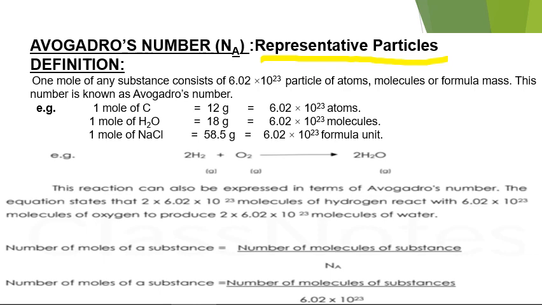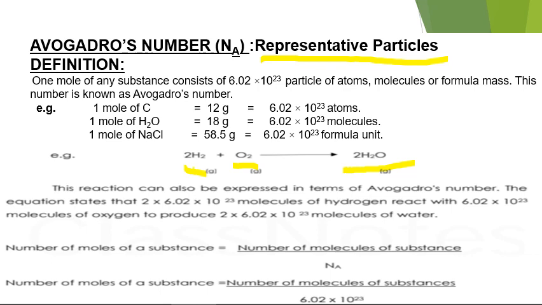Now, how to use this term in equations? Look at this equation which is mentioned here: 2 moles of hydrogen reacts with 1 mole of oxygen to produce 2 moles of water. Now, in terms of Avogadro's number, what will you say? You will say 1 mole is equal to 6.02 into 10 to the power 23, so 2 moles will be equal to 2 into 6.02 into 10 to the power 23 particles.